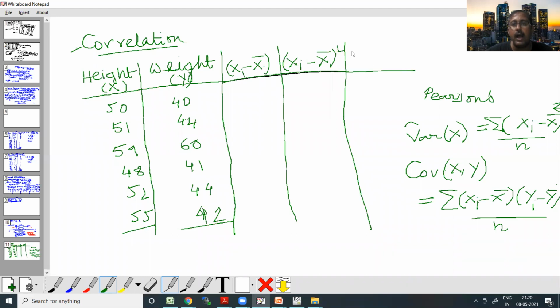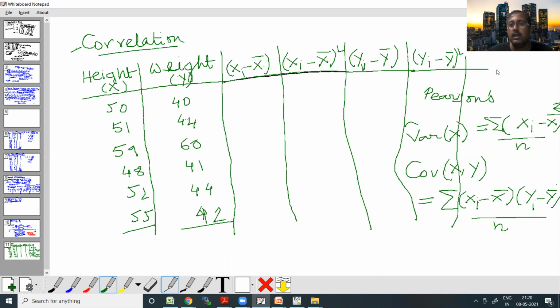Same way we have to do yi minus y bar, and yi minus y bar square. Then we have one more column which does xi minus x bar multiplied by yi minus y bar.